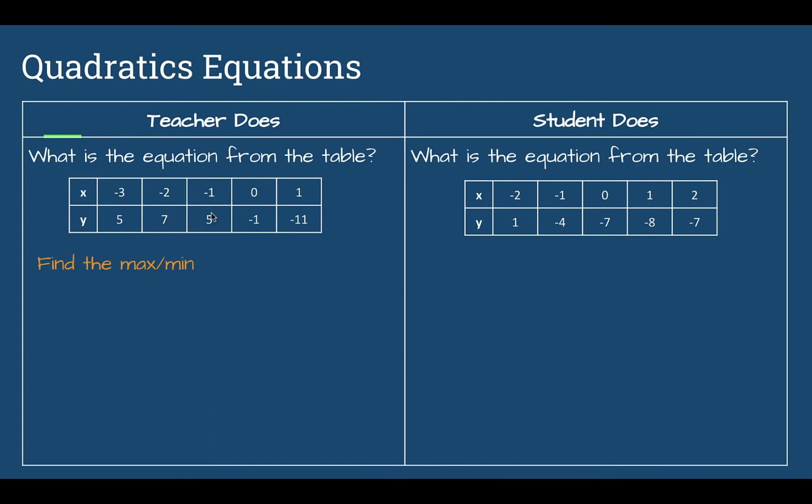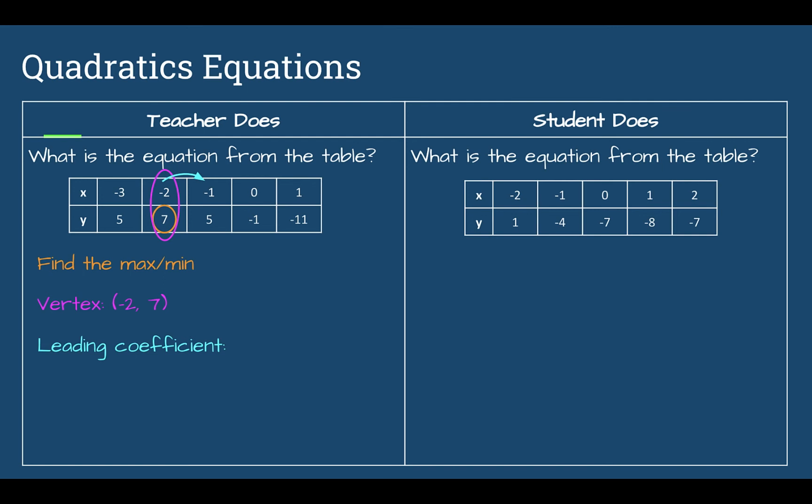So if I can find that maximum or minimum, then I can also find the vertex. So 7 was my maximum here. That means that is what's with my vertex, negative 2 and 7. Now to find the leading coefficient, how many units did it go up or down for every 1 over?